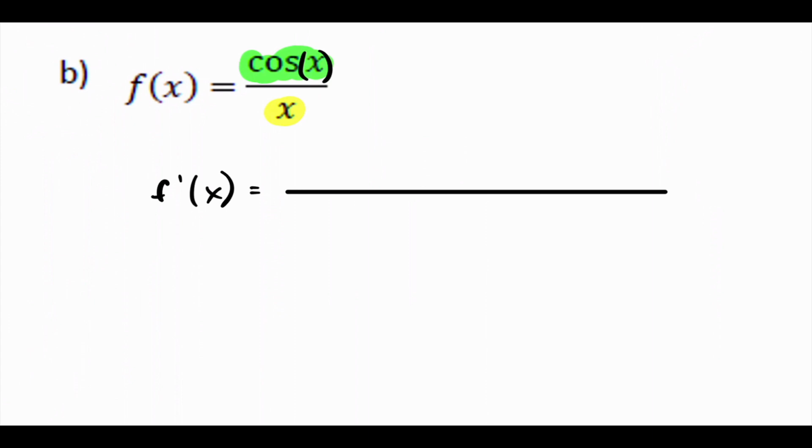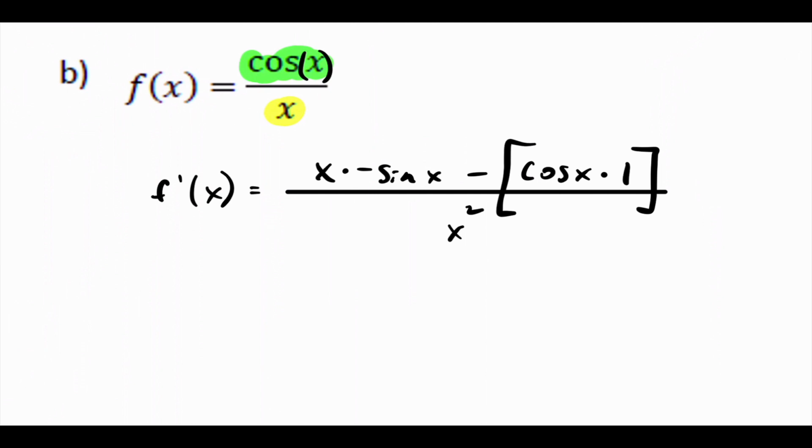Okay, so like we just did, low times the derivative of the high, negative sine of x, minus the high times the derivative of the low, which is just positive 1, over the low squared. So I got to distribute the negative here.